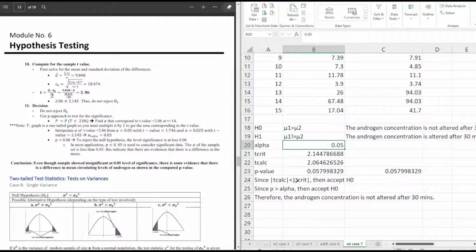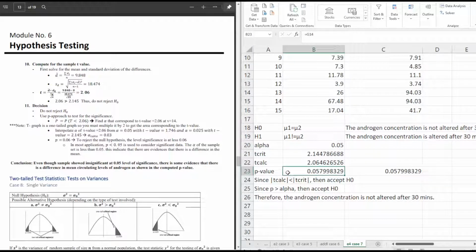Pero again, kaya most scientists and most newer researchers ngayon gusto yun ng p-value approach kasi hindi siya hard rule, no. Pwedeng kahit based on statistics or based on the alpha levels na sinet, dapat nag-conclude ka otherwise.